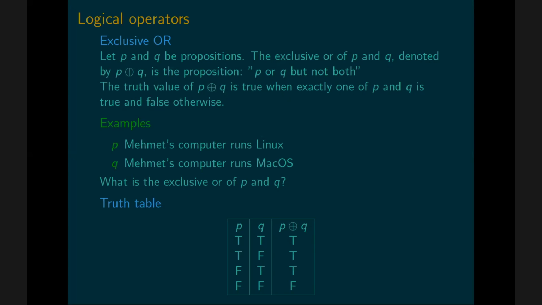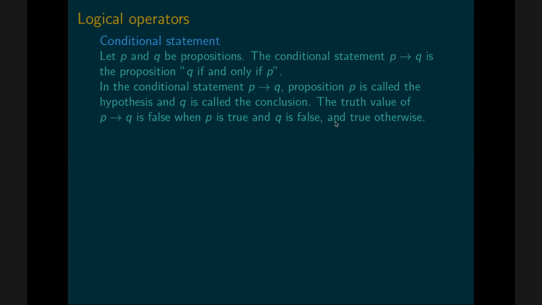So if P and Q are both true, the result should be false. So this one is wrong, right? Yes, the first line. I mean, okay. If P and Q are both true, the result should be false.